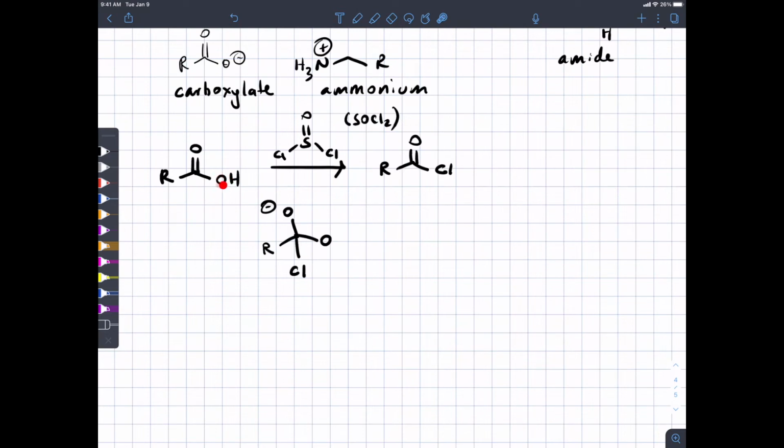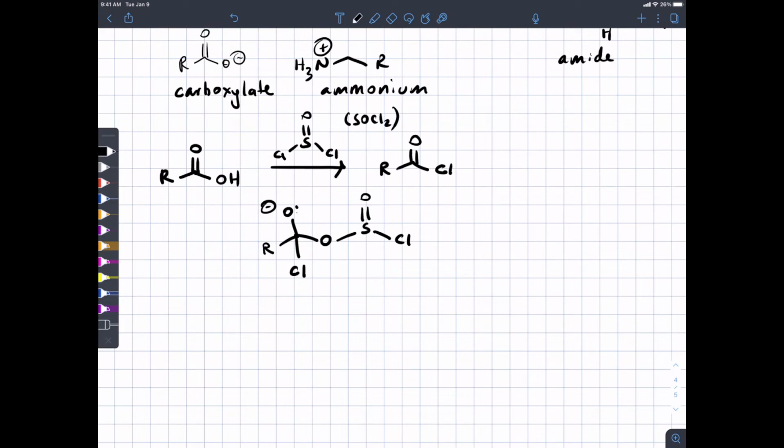The oxygen from the OH group of the carboxylic acid ends up bonded to sulfur, because sulfur-oxygen bonds are more stable than sulfur-chlorine bonds. And at the same time, chloro attacks to get this tetrahedral intermediate.